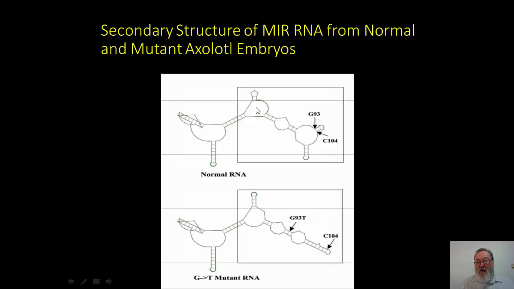And here we were able to show that the normal RNA had this kind of a sequence, particularly in this part of the molecule, and the mutant had just sort of a straight molecular structure as opposed to a branched molecular structure. And we believe that this kind of a structure is important in binding to certain kinds of proteins, which may be important in the induction process.